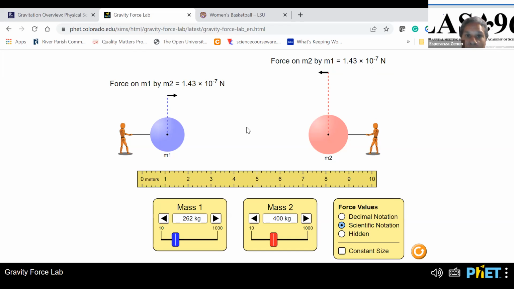They pull toward each other. So what you're going to be doing with this simulator is changing the distance and the mass for object 1 and object 2 to see how much force you generate. That's one of the things you'll be working on. Is it pretty clear on how to use the simulator?